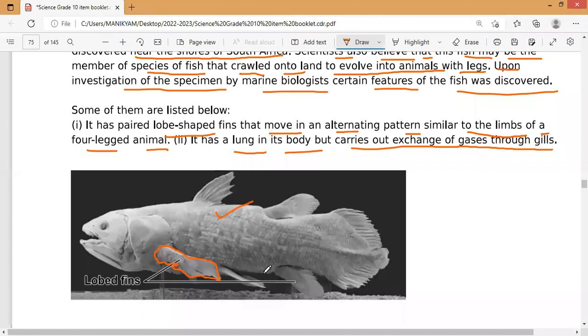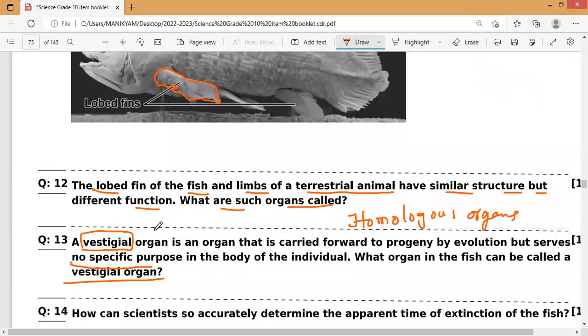So there is no use of lungs, and slowly in the next generations, lungs disappeared. That is why in present fishes, no lungs exist. Clear, everybody?